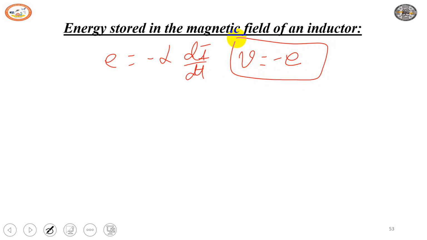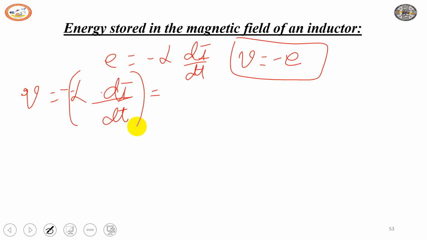So this can be further written as V is equal to minus of minus L into di by dt. So minus into minus becomes plus, and V is equal to L into di by dt.